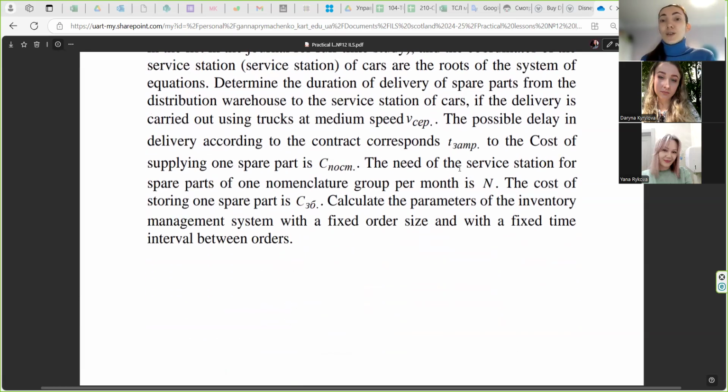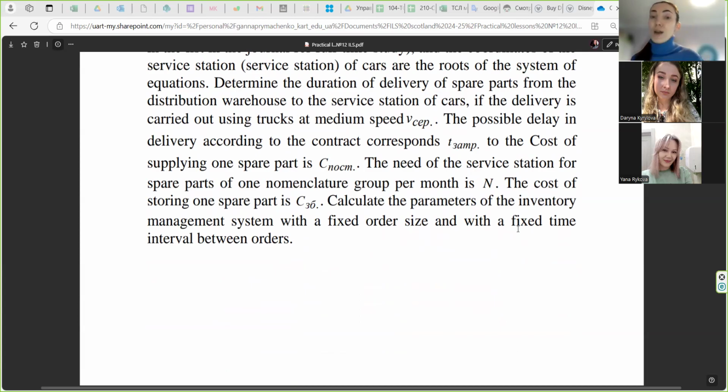The need of the service station for spare parts of one nomenclature group per month. We also have this information on how many goods we need, and we use only one nomenclature, but it is not very important for us. The cost of storing one spare part we also have, and calculate the parameters of the inventory management system with a fixed order size and with a fixed time interval between orders.